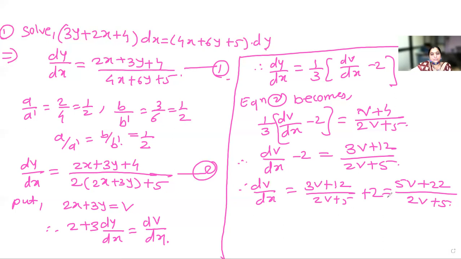In this way after cross multiplication we will get like this. So now shift the right hand side on this side, it becomes the coefficient of v. So 2v plus 5 divided by 5v plus 22 dv is equal to dx. Now this is your variable separable form. On integrating we get the solution.